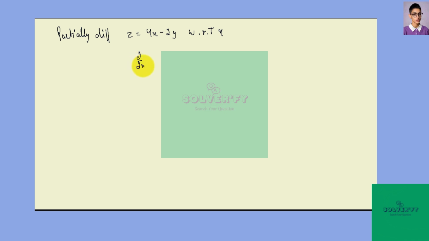When we differentiate with respect to x, ∂z/∂x is ∂/∂x of 4x minus 2y, and we have the value 4 minus 2 ∂y/∂x. We know that the differentiation of x is 4 because there is 4x.